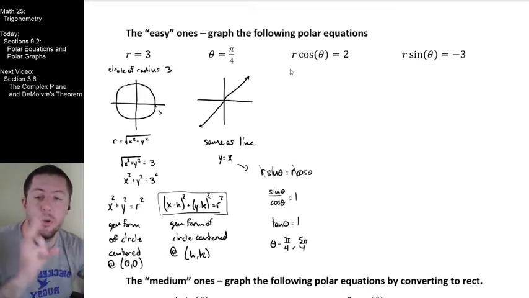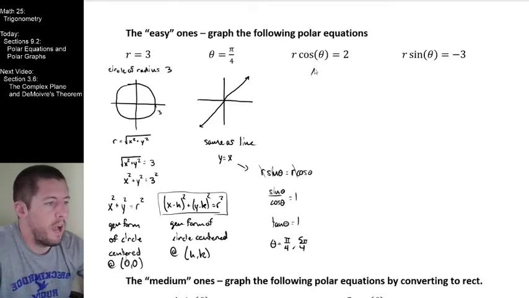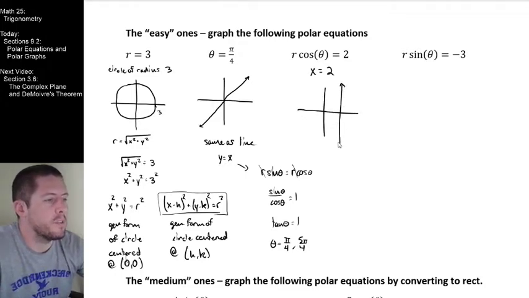So what's up with these other two easy graphs? These ones don't look as easy, except I recognize that r cos theta is exactly one of our conversion factors from the previous section. So that looks to me like this is literally just x equals 2, because x equals r cos theta. That's exactly our conversion between polar and Cartesian. So it seems like this is just the graph of x equals 2 right there, where we're at 2.